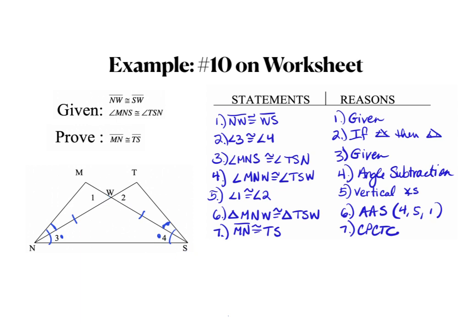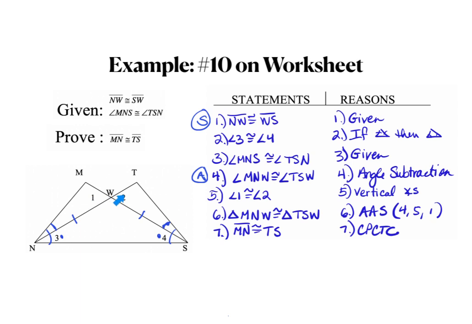And I am all set for having a set of angles that are congruent in order to prove that my triangles are congruent. So that's these guys. And I actually have a set of sides already. That was in my given statement. So now I have a set of angles, I have a set of sides, and I need one more thing.